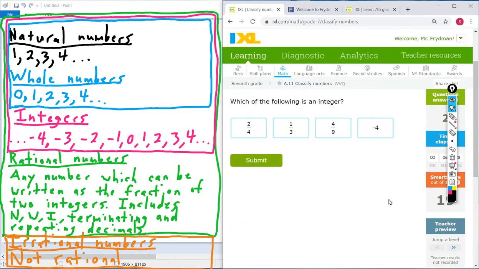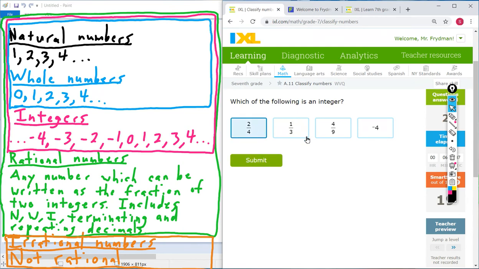Which of the following is an integer? So remember, an integer is any number which can be written as the fraction of two integers. So 2 over 4, that's a fraction of two integers. 2 is an integer, and 4 is an integer.